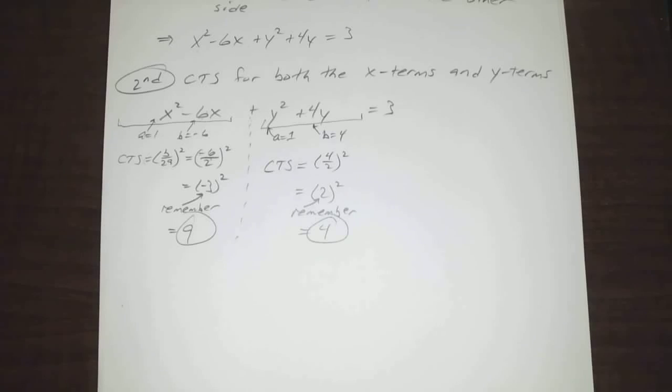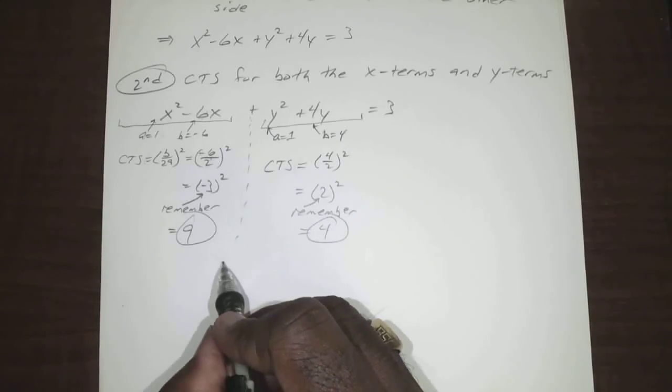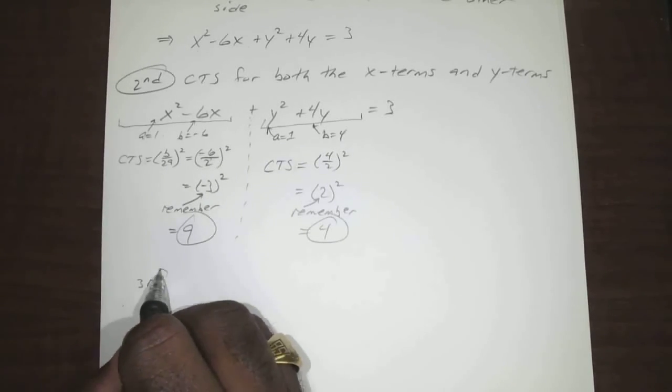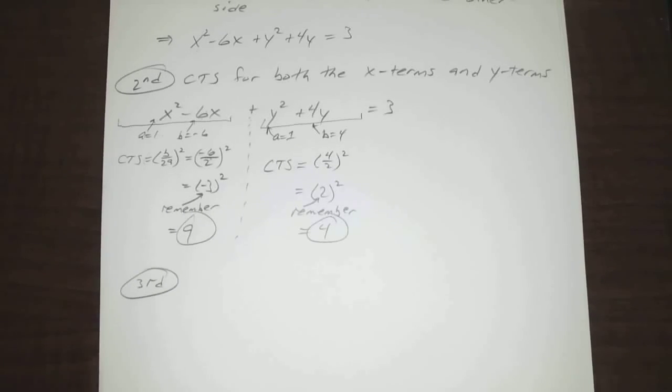Okay. So now your third step is you're going to add those values to both sides, which creates your perfect square trinomial.